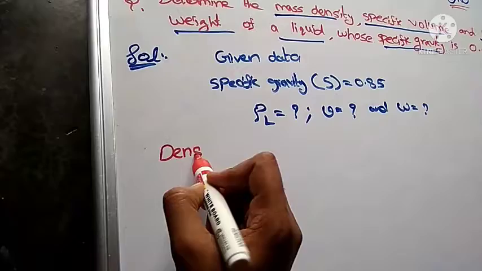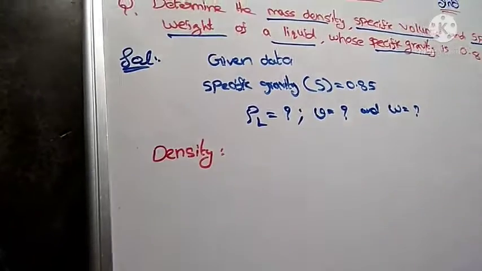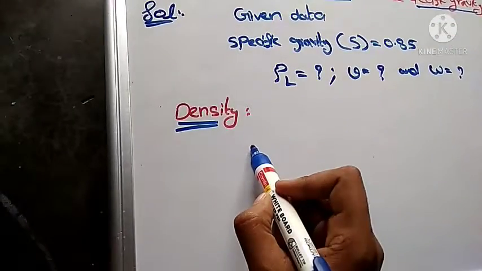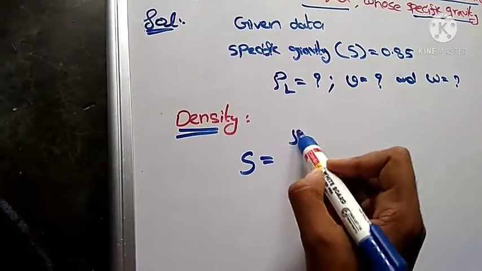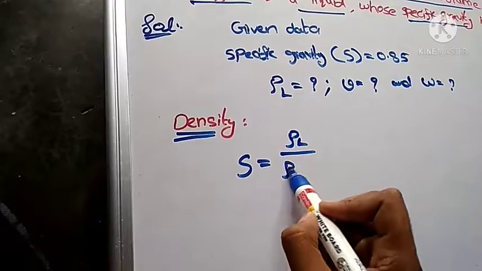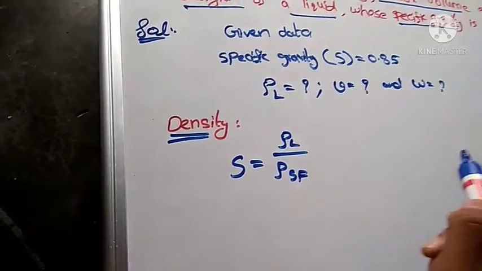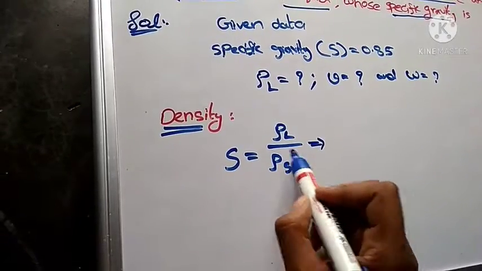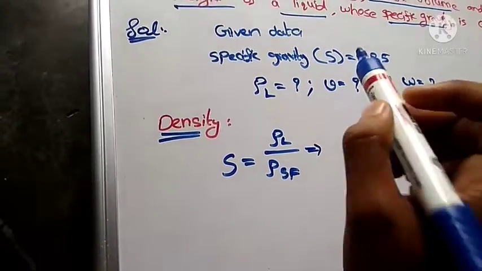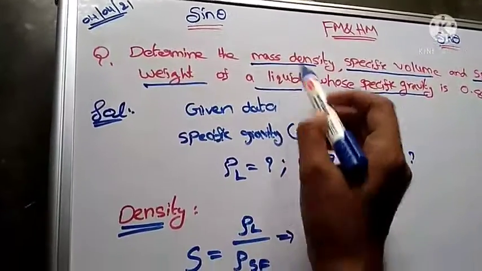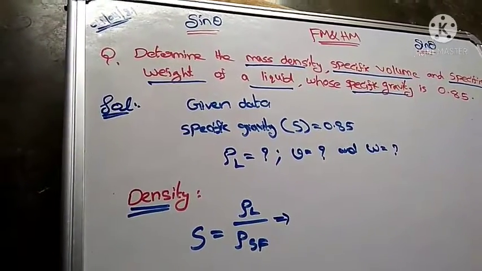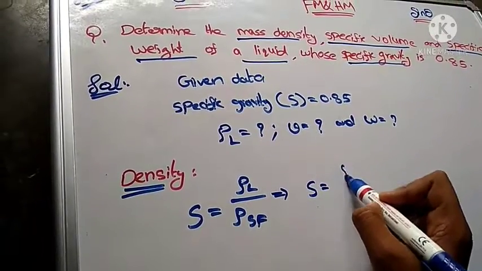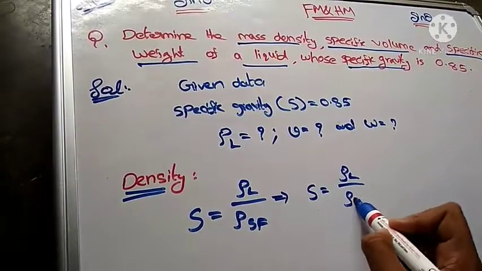How to find it? We know the formula for specific gravity: S is equal to density of liquid by density of standard fluid. Here the standard fluid is water, because we are taking a liquid, so water is the standard fluid for liquids. So S is equal to density of liquid by density of water.